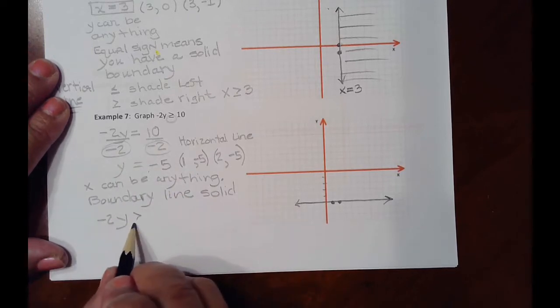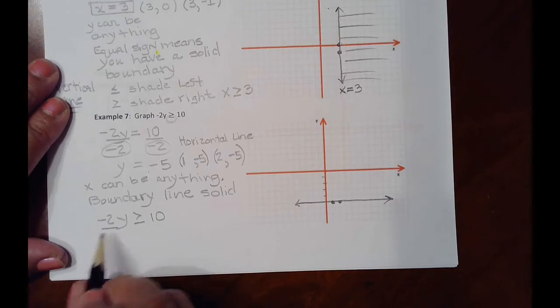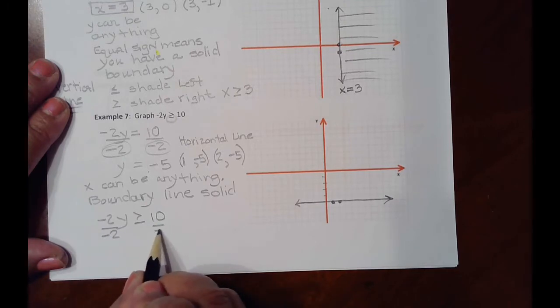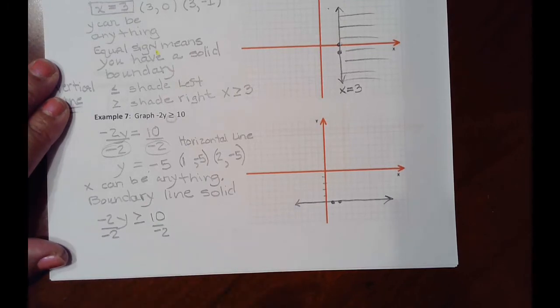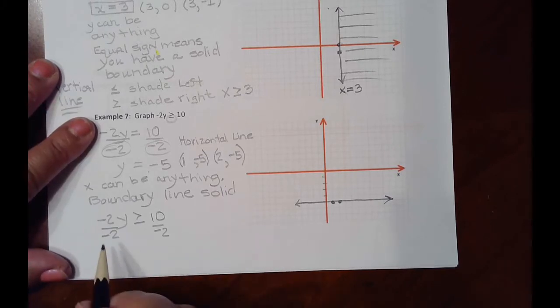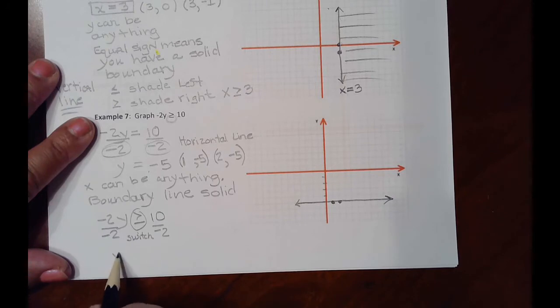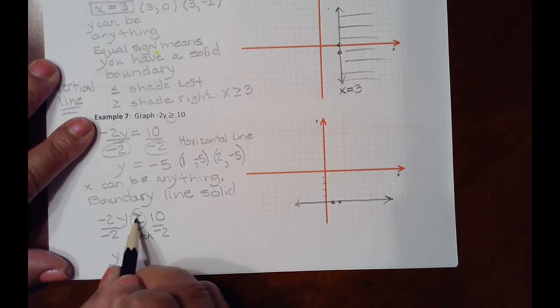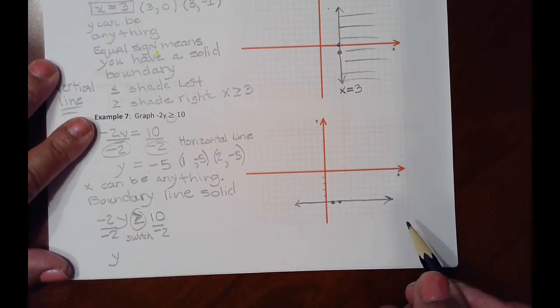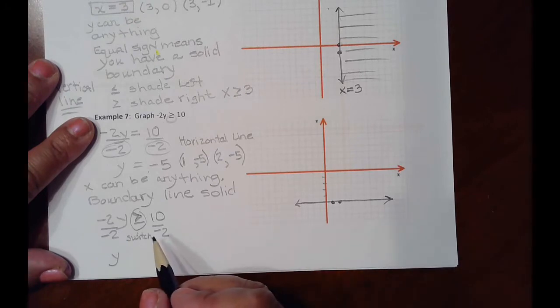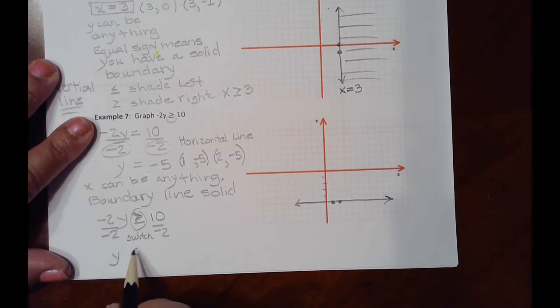If you want to go back over the steps, you're dividing by -2, and because this is going to make a difference in the shading, when you divide by a negative on your very last step, that's going to switch the direction. So instead of greater than or equal, it doesn't change the boundary line, but it changes what side of the boundary line you shade on. This is going to become less than or equal to -5.